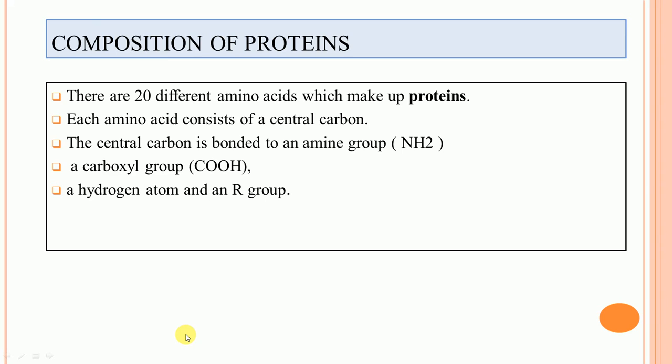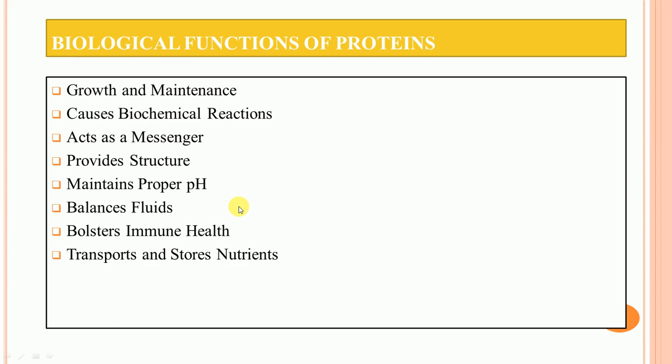Now, what is the basic composition of proteins? There are 20 different amino acids which make up proteins. Each amino acid consists of a central carbon, and the central carbon is bonded to an amino group, a carboxylic group, a hydrogen atom, and an alkyl group.